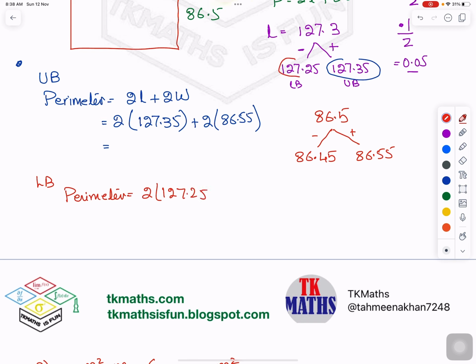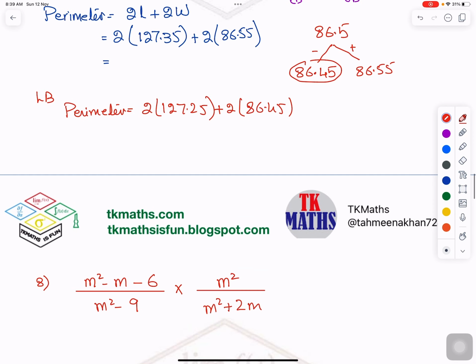Because this time I will take the lower bound values. So plus 2 times 86.45, and then using the calculator you can write down the answer. I'm leaving that part to you. All of you know how to use a calculator.